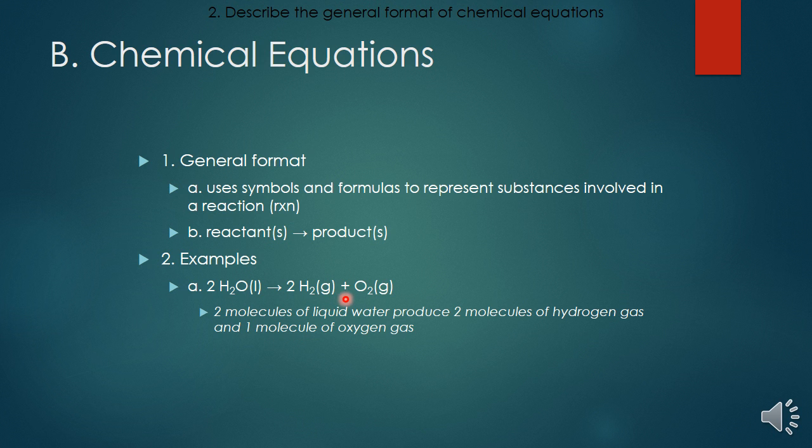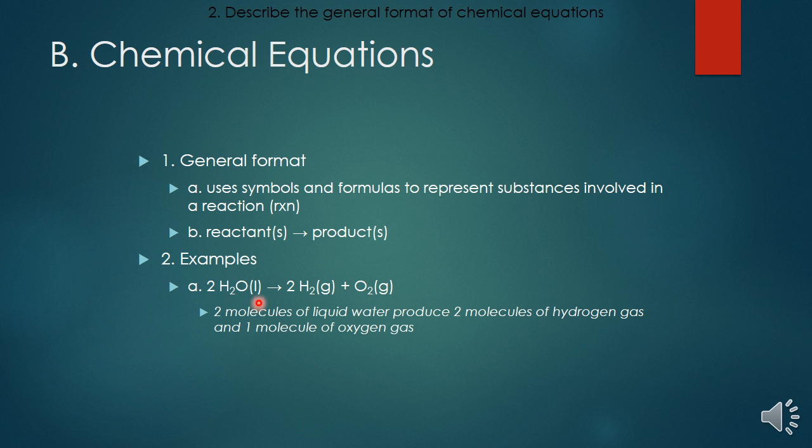And the fact that there's not a number in front of the oxygen tells us there's 1. We call these numbers out front of the symbols and formulas coefficients, which you are very familiar with from math. And same thing as in math, if there's not a coefficient in front of a symbol, it is understood to be 1. So notice there is no coefficient in front of the O2, so that is understood to be 1 molecule, in this case, of oxygen gas.